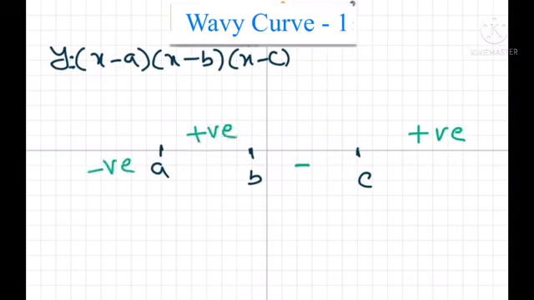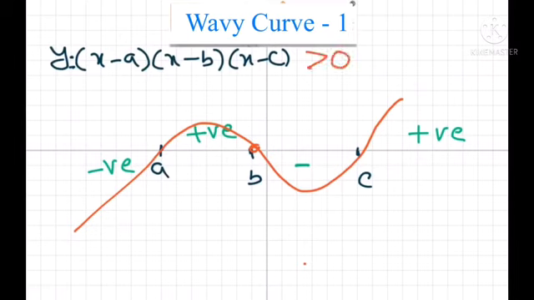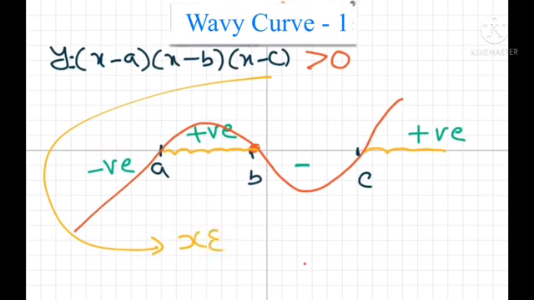Not only this, if you plot the graph it is something like a wave. It will cut at this point b. And if I ask you to find the value of x such that this is more than 0, then more than 0 means positive, so in this region it is positive, in this region it is positive. So the answer that you will write is x belongs to (a, b) union (c, infinity).